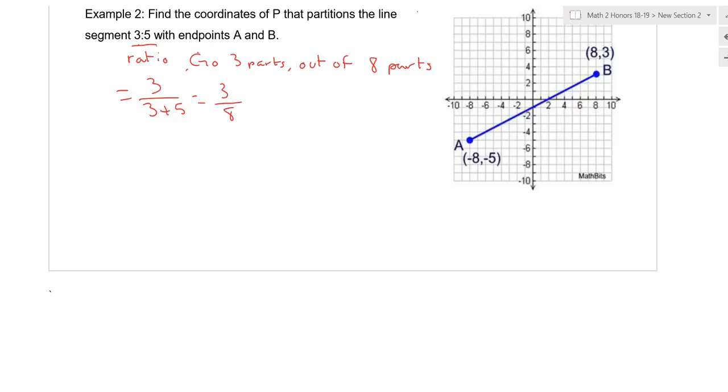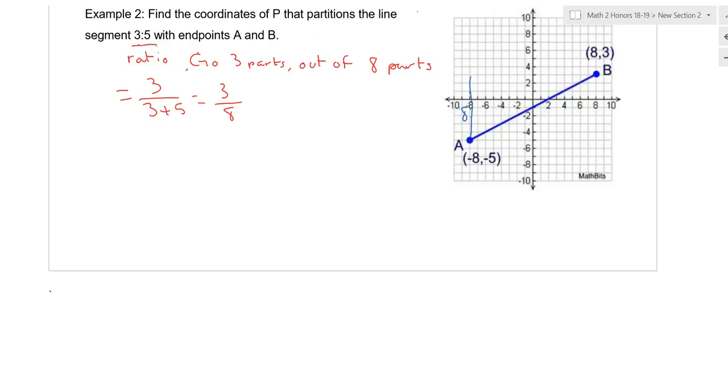So we always want to start by changing our ratio into a fraction. Then I'm going to do the same thing we just did. Instead of going 1/2 of the way, if I was finding the midpoint, now I want to go 3/8 of the way. So I'm going to see how far up I go: 1, 2, 3, 4, 5, 6, 7, 8.